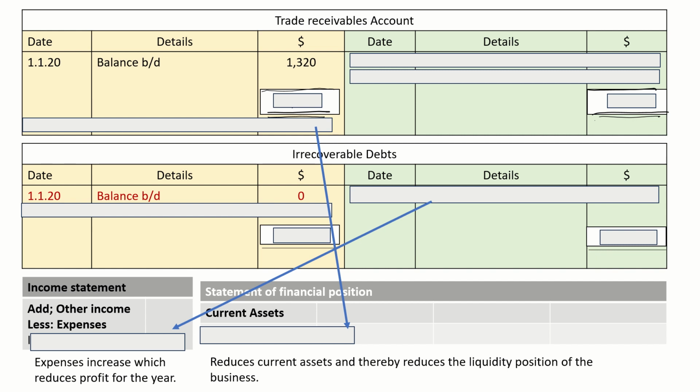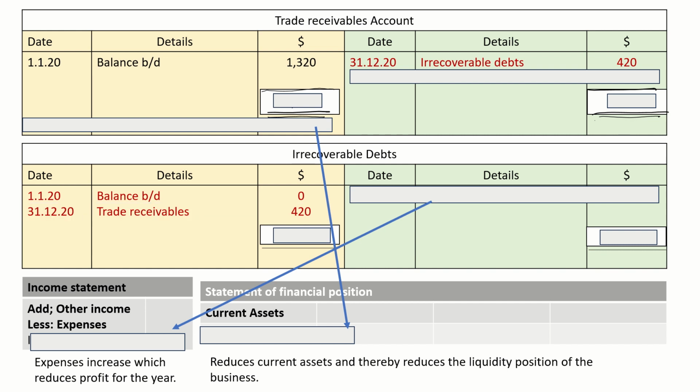Now let's post the double entry for irrecoverable debt. You debit irrecoverable debt account and credit trade receivables. 31st 12/20 in the trade receivable account on the credit side, opposite account name irrecoverable debt 420. Whereas irrecoverable debt account on the debit side, 31st 12/20, opposite account name trade receivables 420.